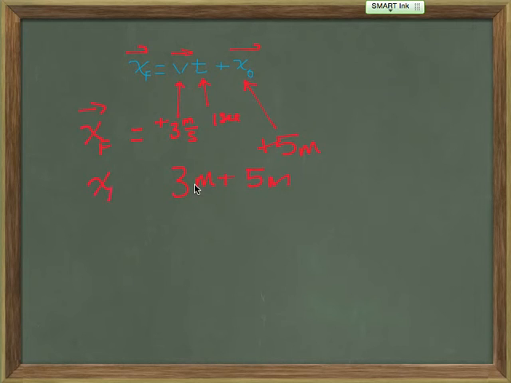And that gives me a final position of what, like 8 meters? And this is after 1 second, right? So if I start at 5 meters and I'm moving 3 meters per second, then after 1 second, I'll be at a position of 8 meters. Now that's the algebraic way of doing the problem.